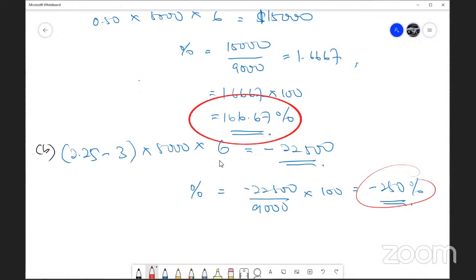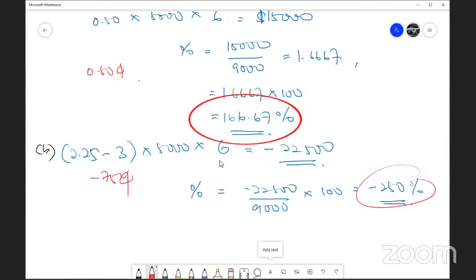Why is the figure different? Number one, very simple. This one is a 50-cent gain, this one is a 75-cent loss. The gain and the loss itself are not the same, so how could the figure be the same? So definitely it's going to be different.